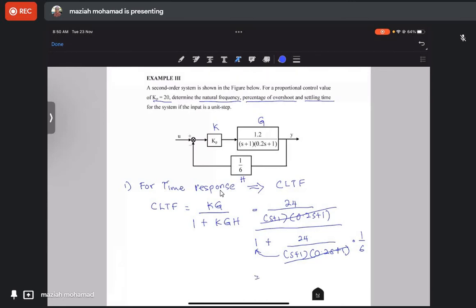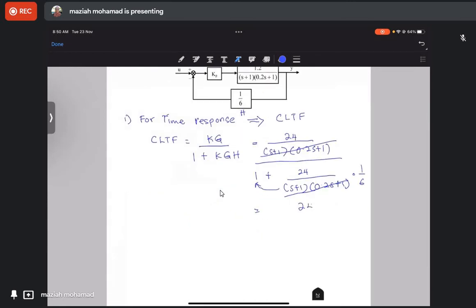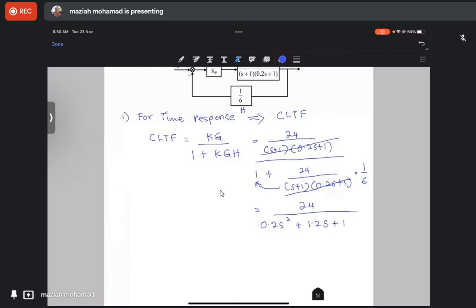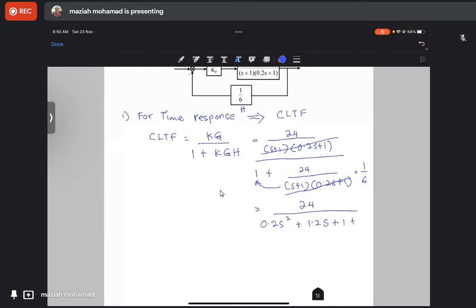So you will be left with 24 divided by 0.2s square plus 1.2s plus 1, and then 24 divided by 6, 6 times 4, so plus 4.